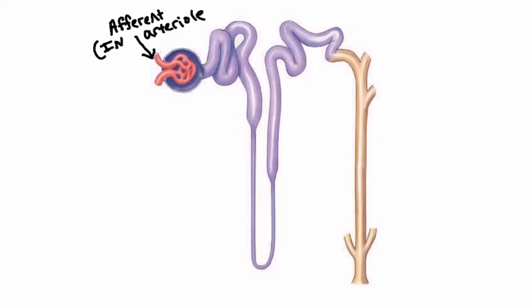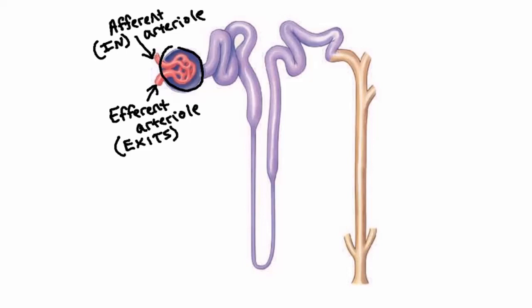That's the blood supply in. Here's the efferent arteriole, and that's the blood supply that exits. This entire region is the renal corpuscle.